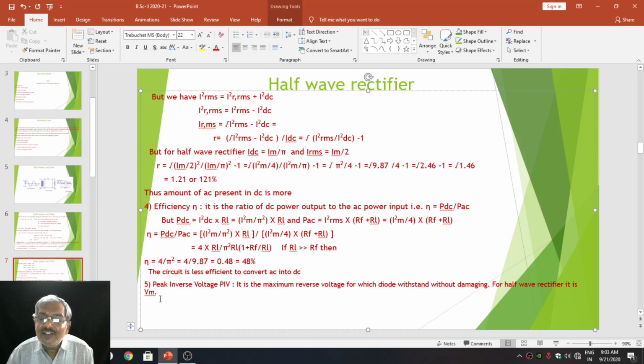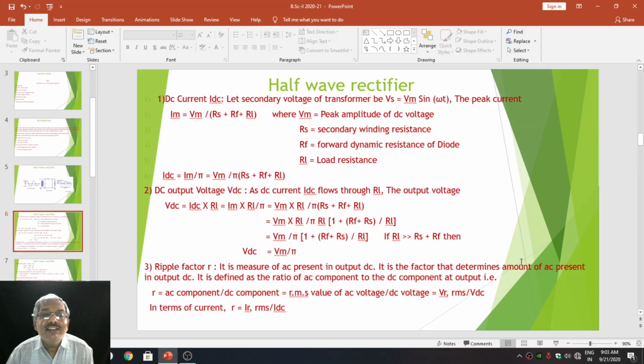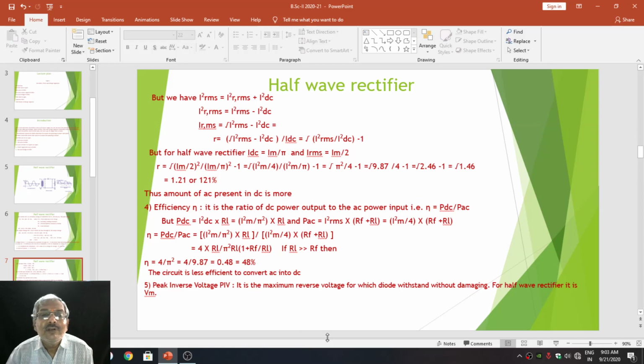Vm, as we already studied, is the peak voltage, so this is the inverse voltage for which the diode withstands in its reverse bias condition. The maximum voltage tolerable for the diode is Vm in reverse bias condition. When voltage becomes more than Vm, it is going to damage. So that voltage we call the peak inverse voltage.